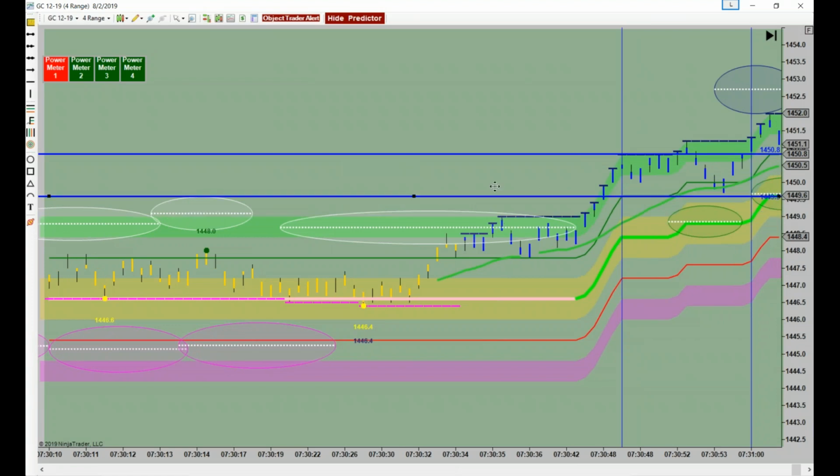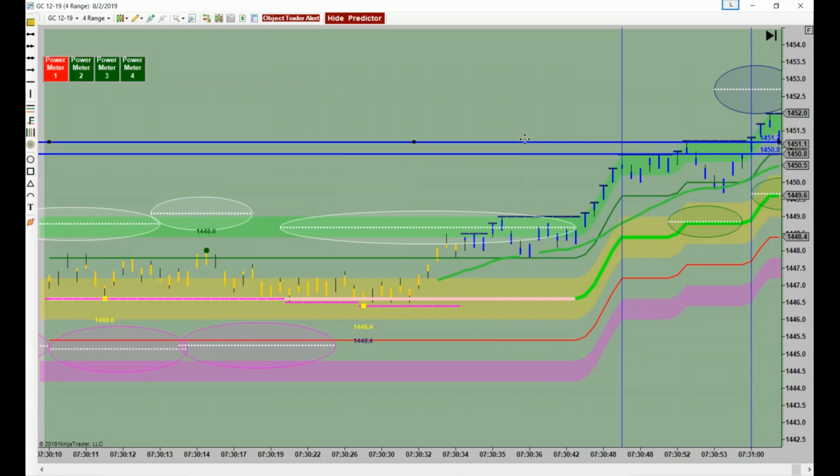So I would draw another line right there. And to me, this is a little sweet spot to get long on that trade. Okay? Your swings all the way down here, they didn't quite test this, right? But they're really heading up. They're not even really taking out line 6.